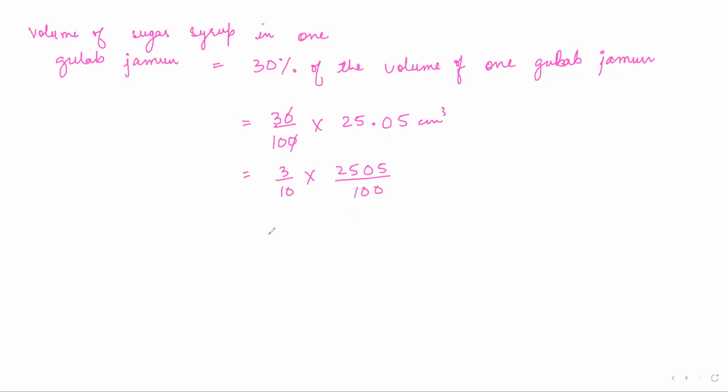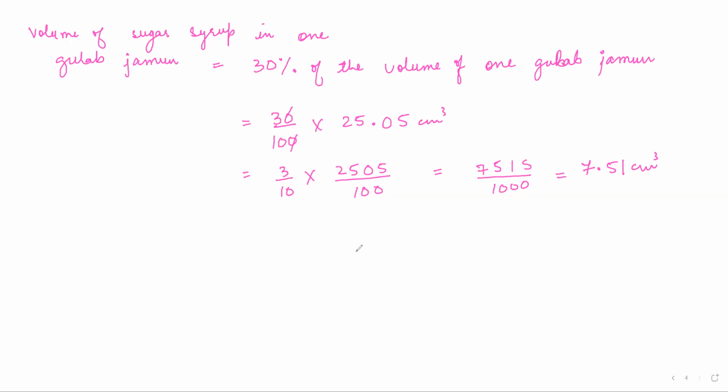So you multiply this thing by 3 first of all. 3 into 5 is 15, carry 1. Then 3 into 5 is 15, carry 1, 6 and 1, 7. And then you have 3 zeros. So you put 3 zeros, so 7.5 centimeter cube approximately I'm getting. Is that okay? Yes, ma'am. 7.51 up to 2 places of decimal if you want. You can write 7.51.